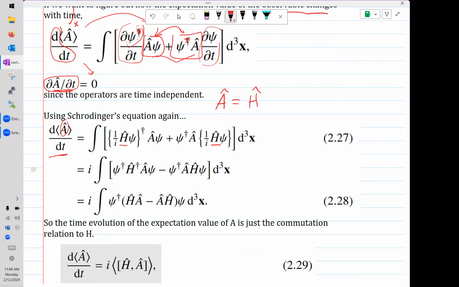Sorry, that's wrong. How did I go from there to here? Because the Schrodinger equation is i times the partial derivative with respect to t of the wave function, equals the Hamiltonian times that wave function.